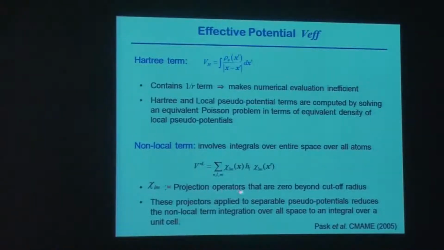These projection operators are 0 beyond the cutoff radius, and this cutoff radius is based on how far the potential is influential. These projectors applied to separable pseudopotentials reduce the non-local term integration over all space to an integral over the unit cell. So we have truncated it to the unit cell, and Bloch theorem reduces the solution onto a unit cell. So now we can solve the problem on a unit cell.